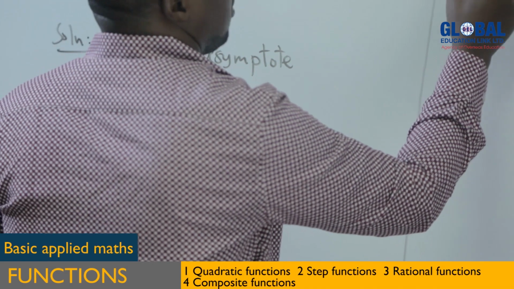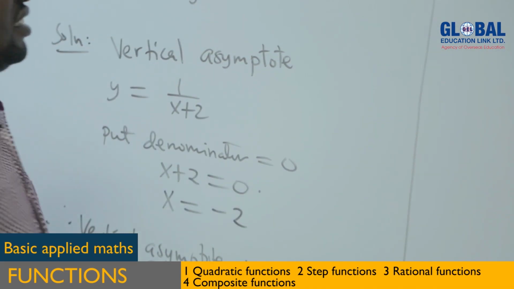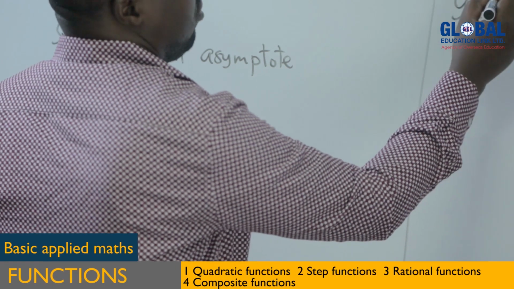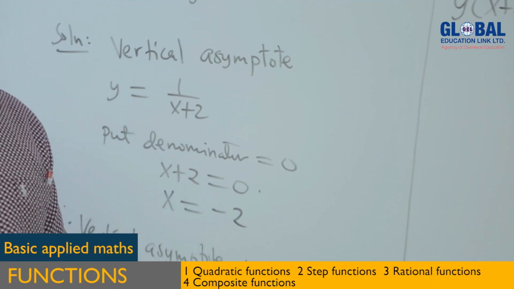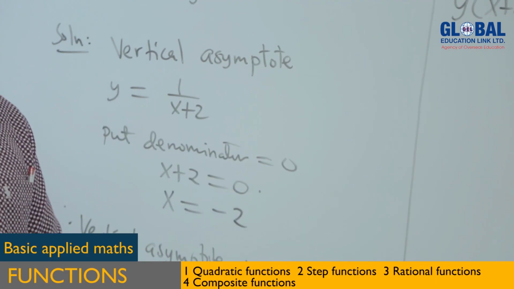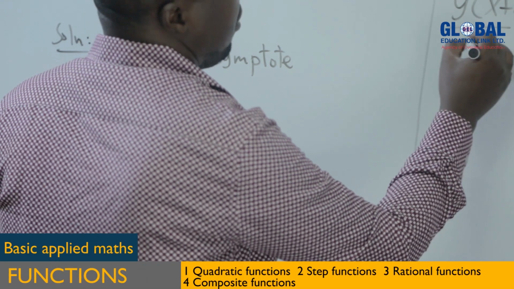So yes, cross multiplication. That is y bracket of x plus 2 is equal to 1. Now remember, we make x the subject. So we can divide by y from both sides.